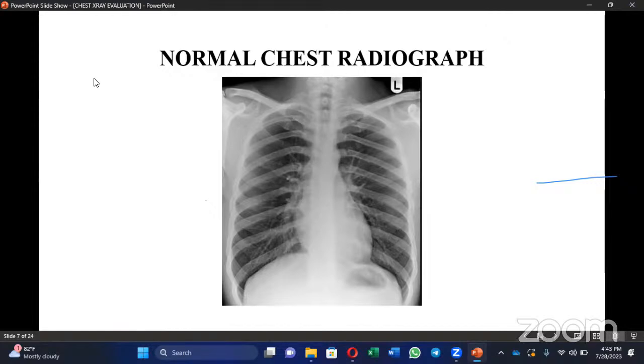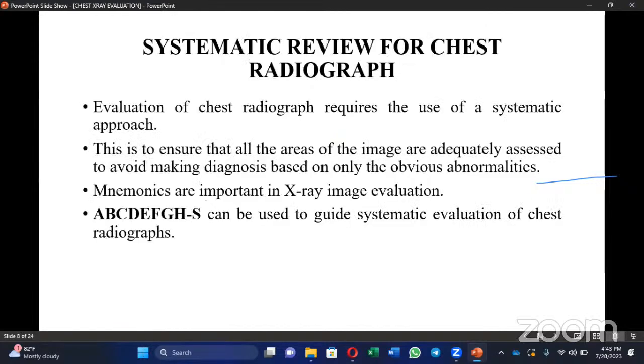All right. So now let's proceed to today's task. Having gone through the technical adequacy assessment of the image, you come on to the pathology search. That is when we use the systematic approach.